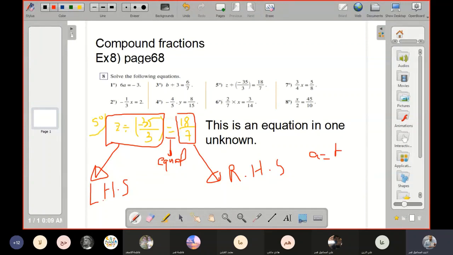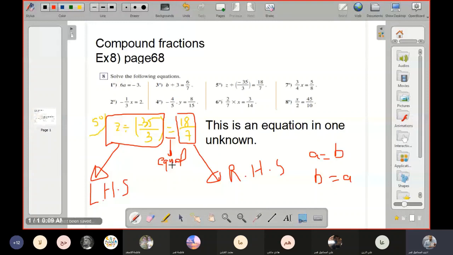The equation is an expression that consists of an equal. Equal is like a balance, and on the balance we have a left pan and a right pan. Also here we have left-hand side, this one, and right-hand side, this one.